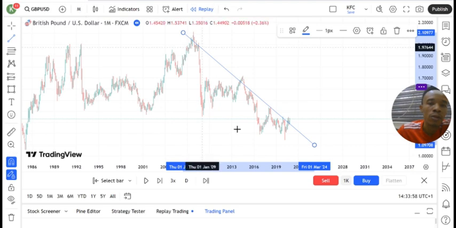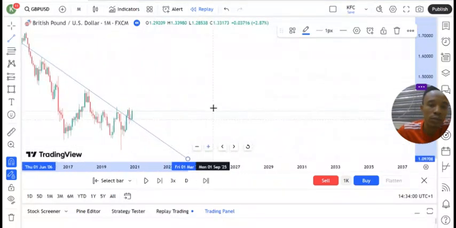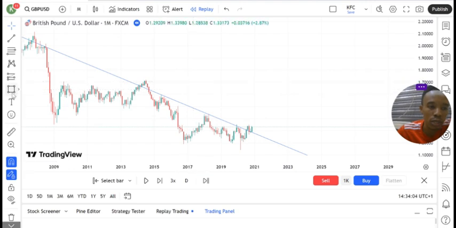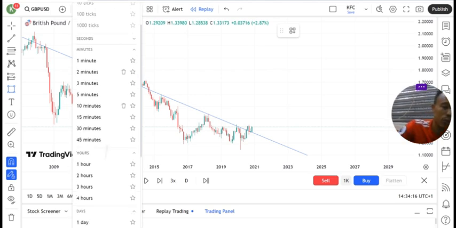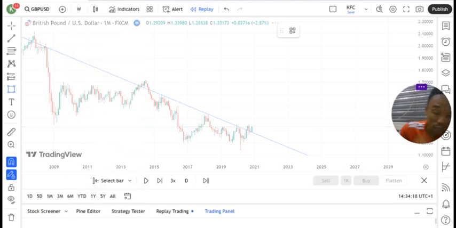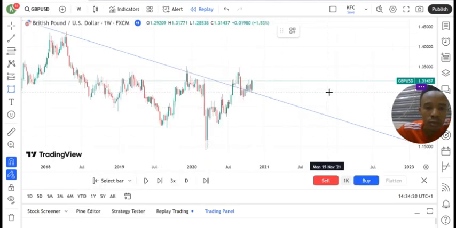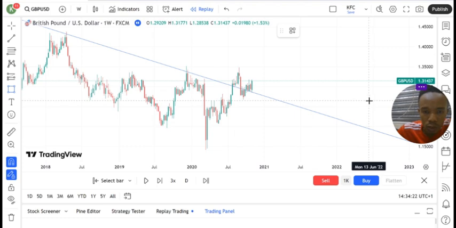Then you're going to zoom out again, and my strategy is to spot the liquidities, and that will help me create my possible entries. So right now, no liquidity on this time frame, so I go to the 1 week time frame, of which I can see one here.